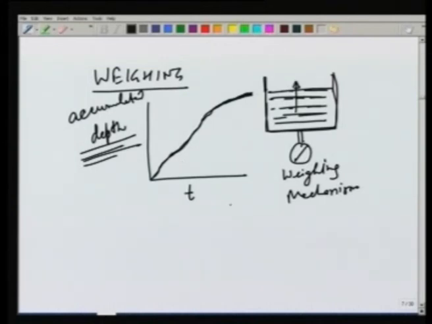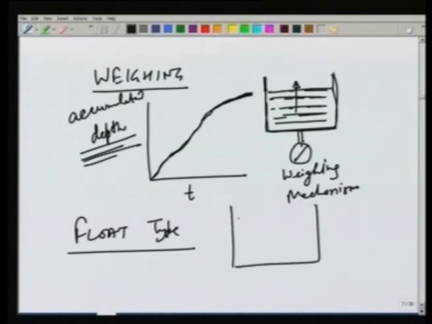Similarly, a float type works on similar principle, that there is a float and with the water level, the location of this float will always be at the top of the water level, and therefore, by measuring the location, if water level rises here, then the float will come here.